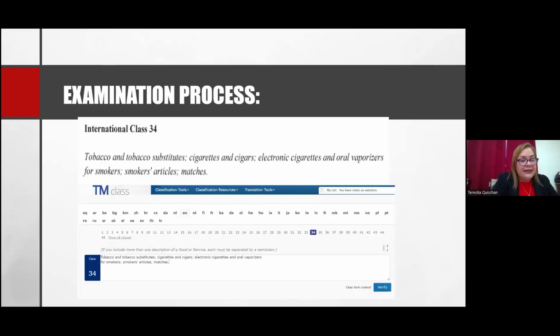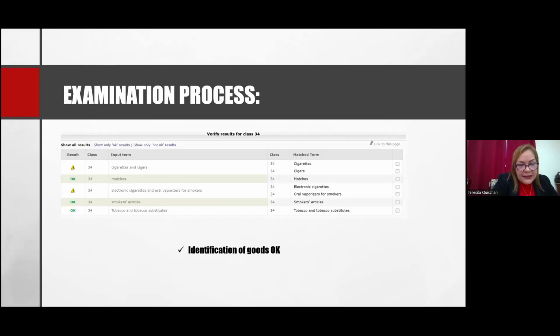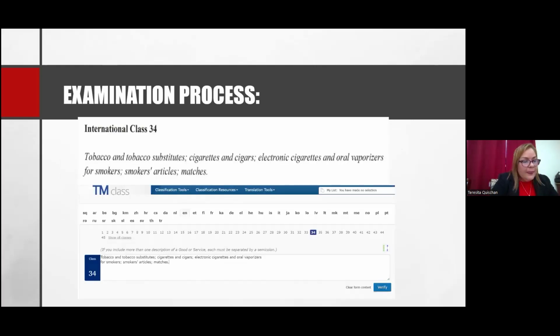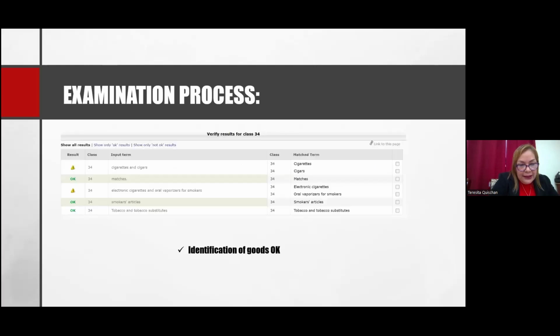In addition to utilizing the search term function, our process involves copying and pasting the entire class into the classification tool for review. We can see it right here. This is an illustration of what we would do with the class.